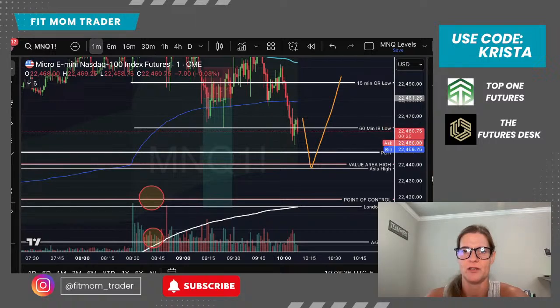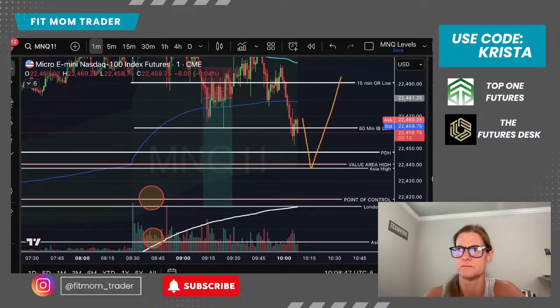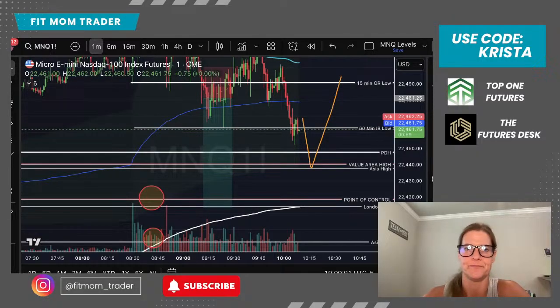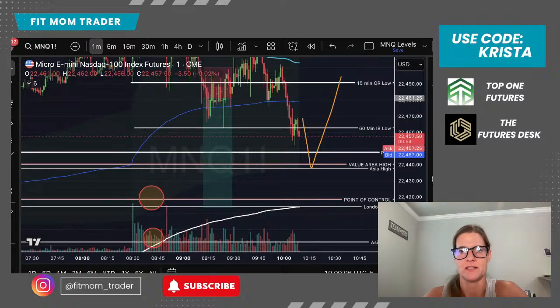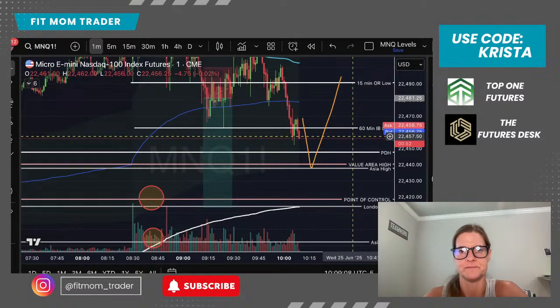Starting to break back below. Still kind of just chopping around this initial balance. I'm going to be patient.